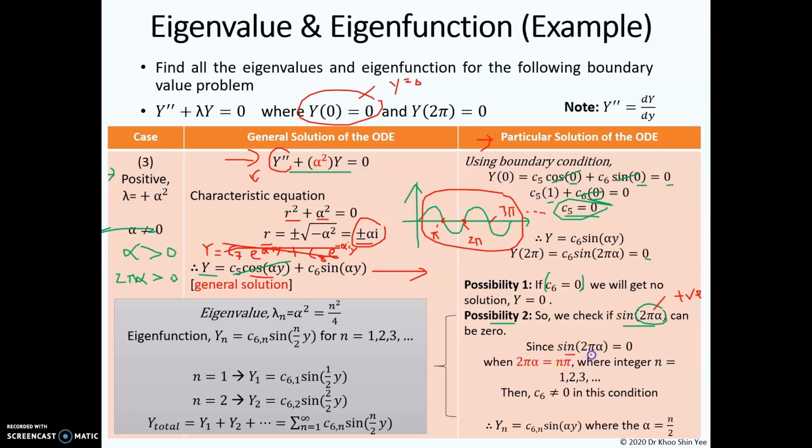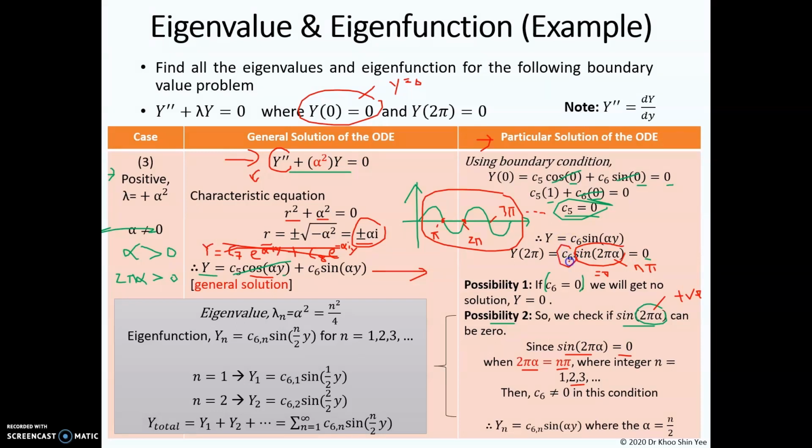So we can say that the sine of 2 pi alpha can be equal to 0 when the 2 pi alpha is equal to n pi here. So n is equal to 1, 2, 3, and so on.